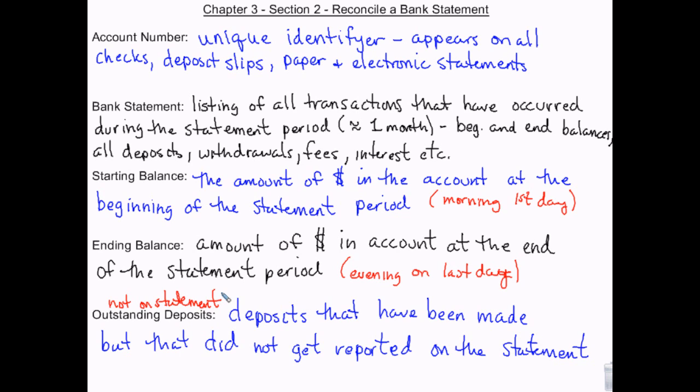Well, if I made a deposit on the 30th at 2:15, and then they print my statement that afternoon, that deposit's not going to be on the statement, even though I made it, because it doesn't post until the next day. So that would be an outstanding deposit. Outstanding meaning it's out there in the world, not on my statement.